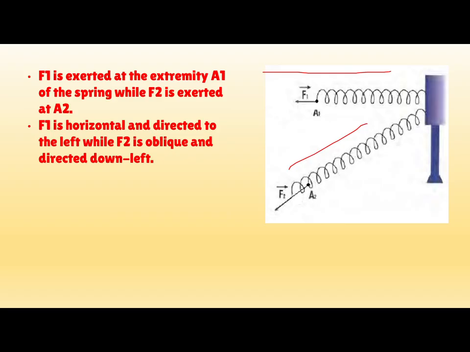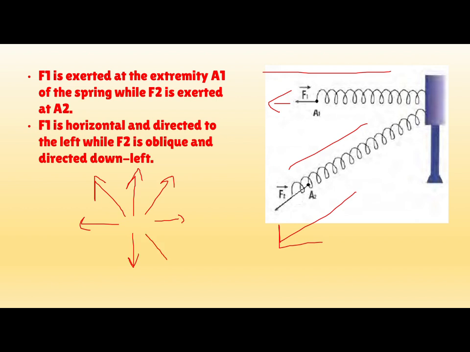We have another difference. The direction of this force is to the left, while here F2 is directed like that, down left. The directions are: up, down, right, left, up right, up left, down right, and down left.